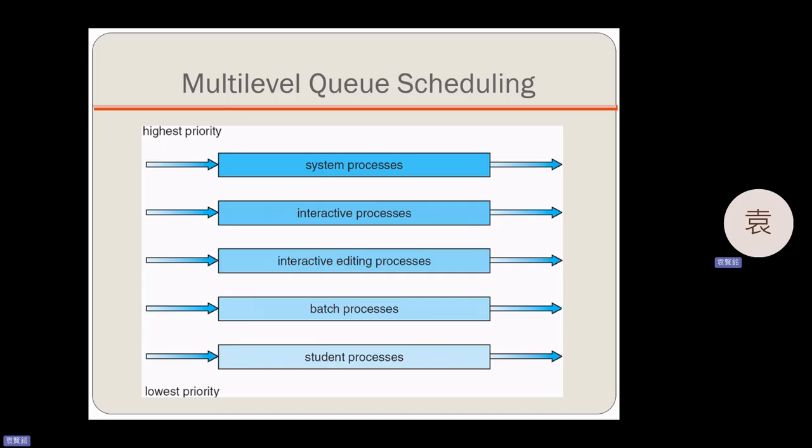So maybe you have 40% of CPU running system processes, 30% running interactive processes, 20% running interactive editing processes, 9% for batch processes, and 1% for student processes, for example.